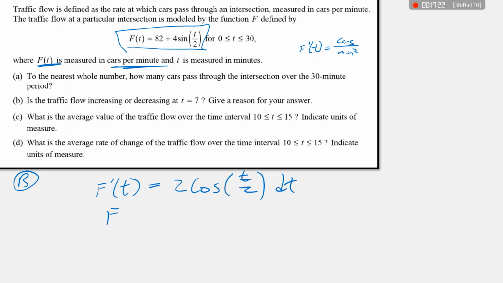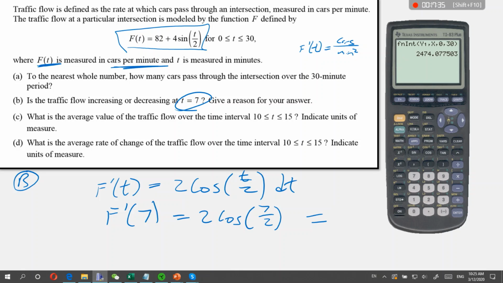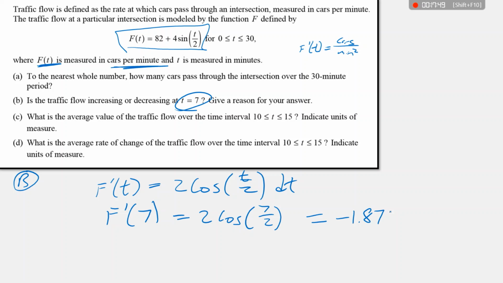Now I'm going to plug in t equals 7 to get 2 cosine of 7 halves. So this is 2 times the cosine of 7 halves, which is negative 1.873. What are my units? Cars per minute squared.